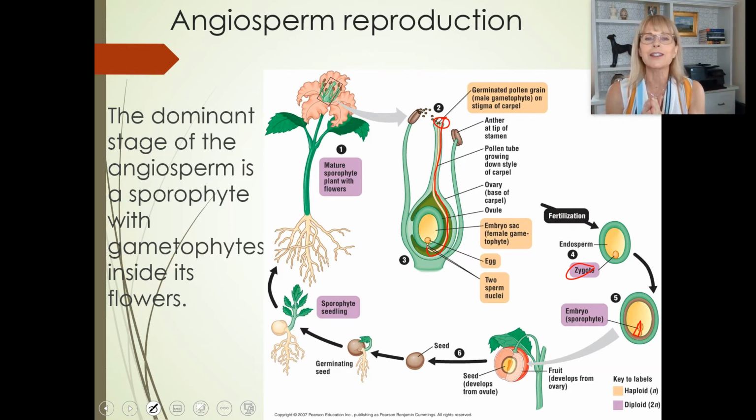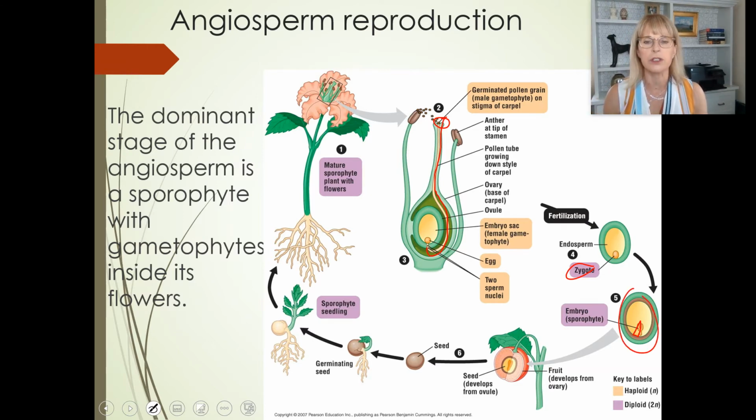And we're going to see how angiosperms not only tricked animals into becoming their pollinators, so they don't have to make very much pollen anymore, but plants also are tricking animals to disperse their seeds. These seeds are very resistant to drying out.